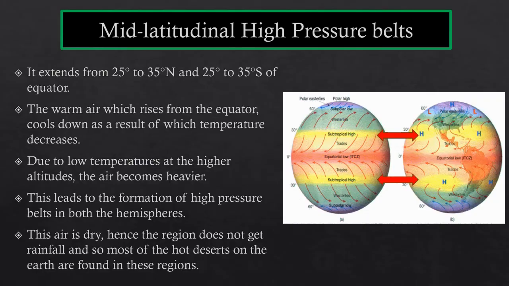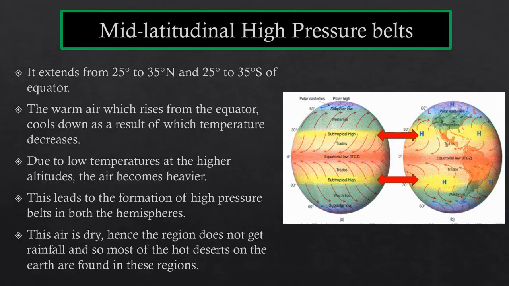Mid-latitudinal high pressure belts. It extends from 25 degree to 35 degree north and 25 degree to 35 degree south of the equator. The warm air which rises from the equator cools down, as a result of which temperature decreases.